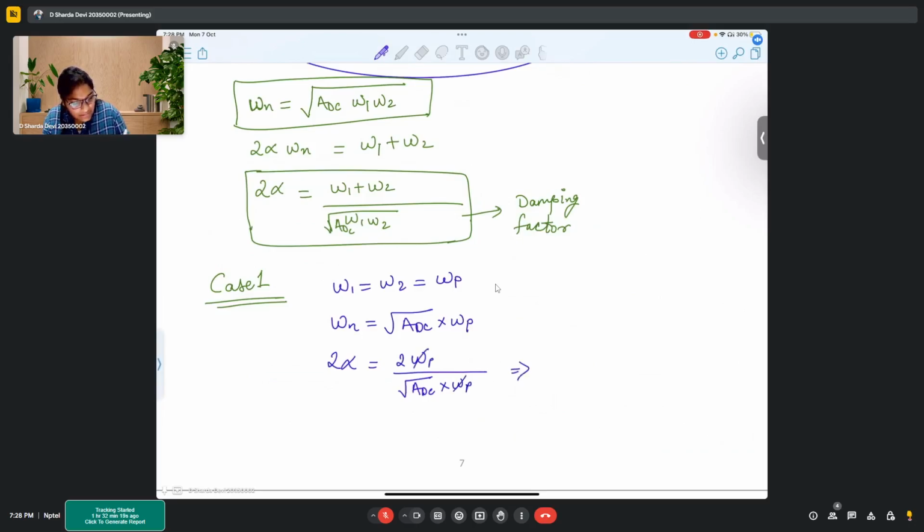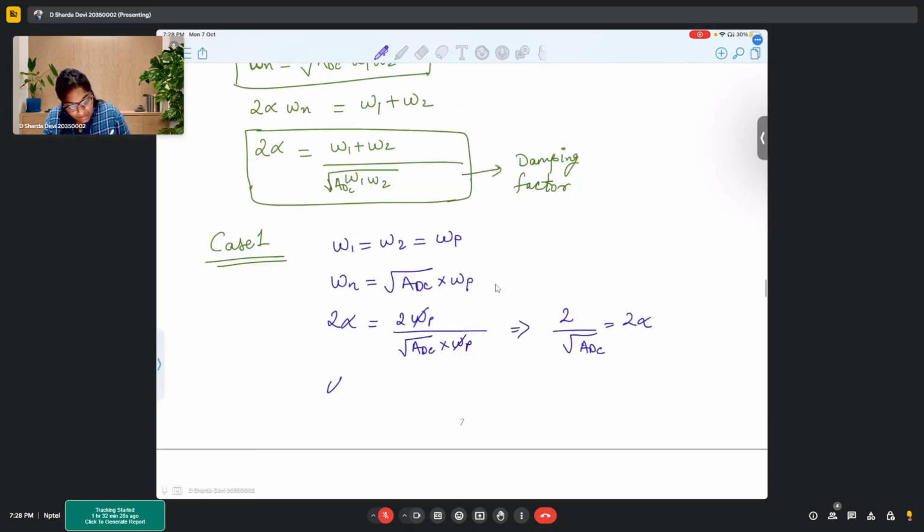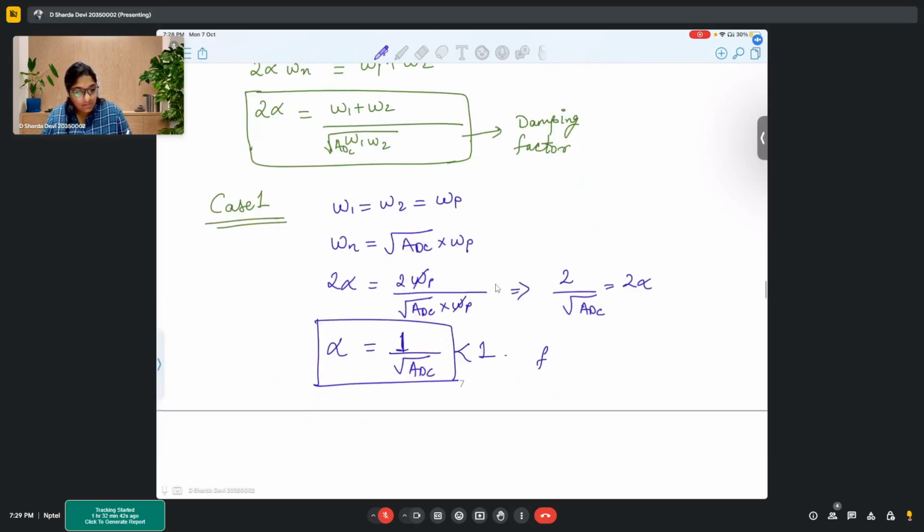So this is 2 by root ADC is 2 alpha. So alpha becomes 1 by root under ADC. So this is definitely less than 1, correct? So alpha is less than 1 for ADC definitely greater than 1.